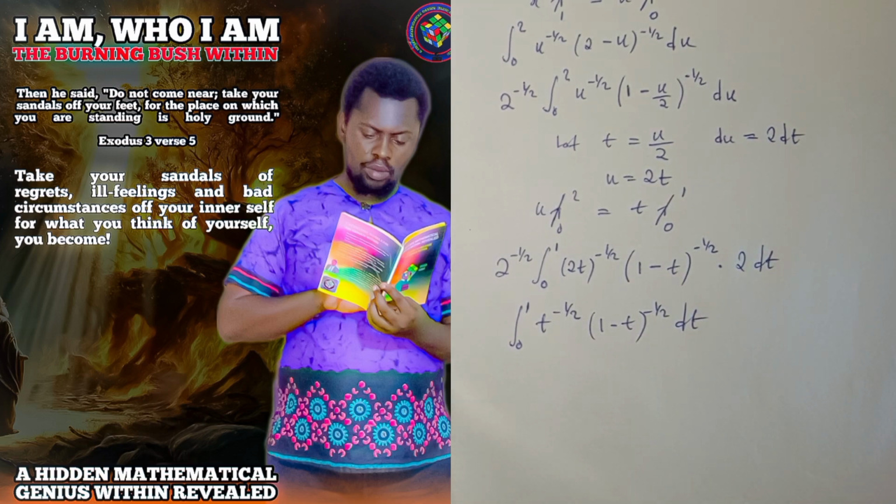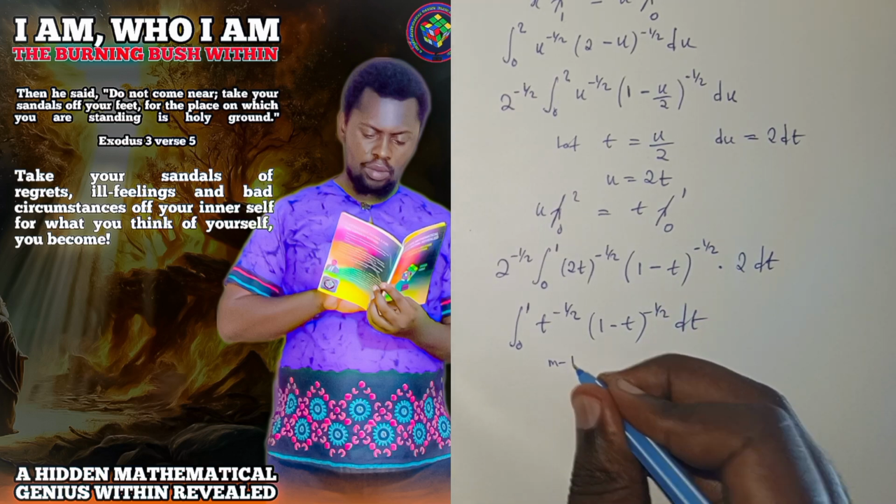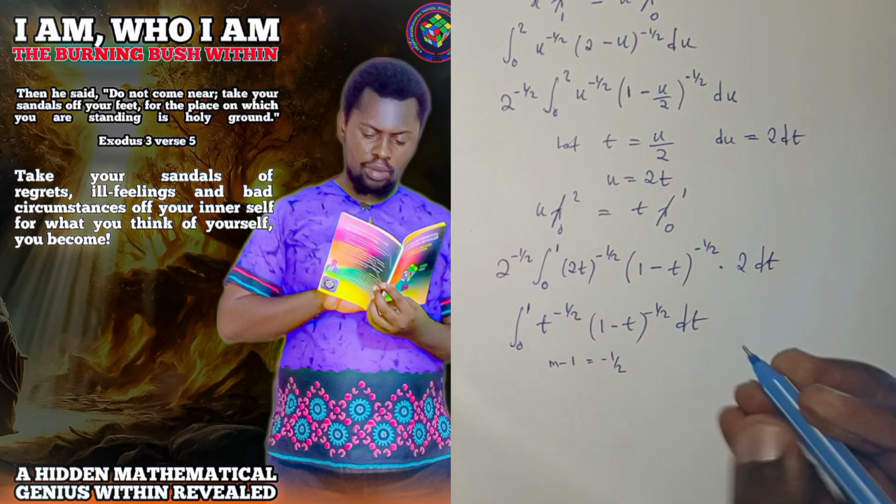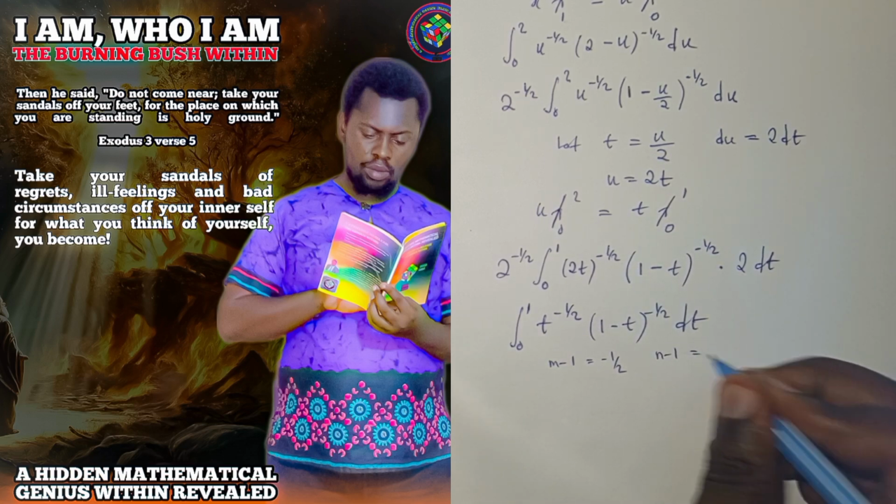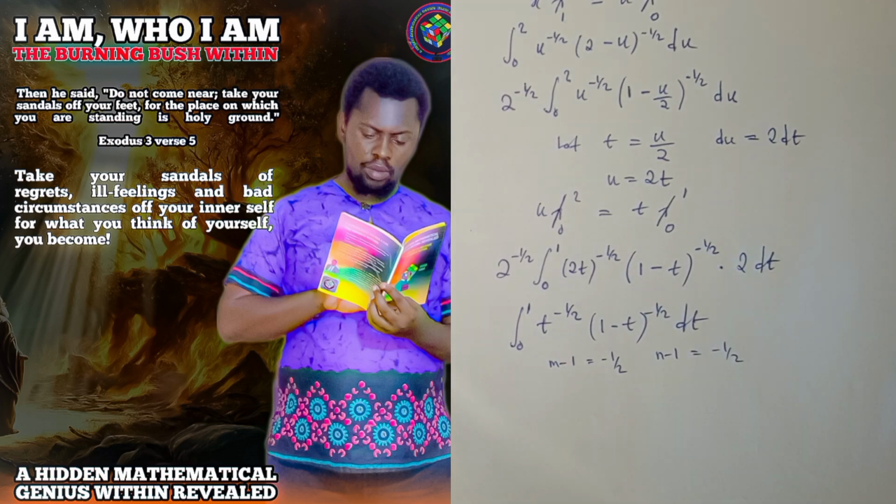Now this is in beta function form. That's a matter of equating this to m minus 1 and this to n minus 1. So m minus 1 is equal to minus 1 over 2, and n minus 1 is equal to minus 1 over 2. To get m, you add 1 to both sides.